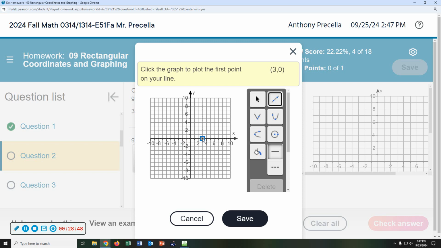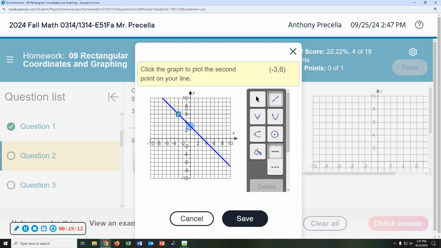Okay, so am I at the right first point? No. I was at 3, 0. What's the first point I'm at? 0, 3. Oops. There. Am I at the right point at last? Yes, so click it. Now let's see every possible line that goes through that point.